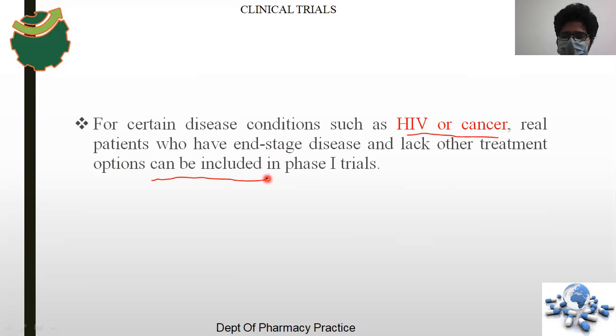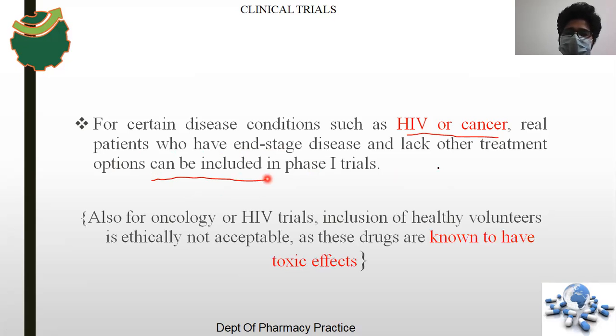We don't include healthy people in this trial because we already know the drugs for HIV and cancer have much more severe side effects. We are not going to use healthy volunteers in phase one trials. Same thing: for oncology or HIV trials, inclusion of healthy volunteers is ethically not acceptable.